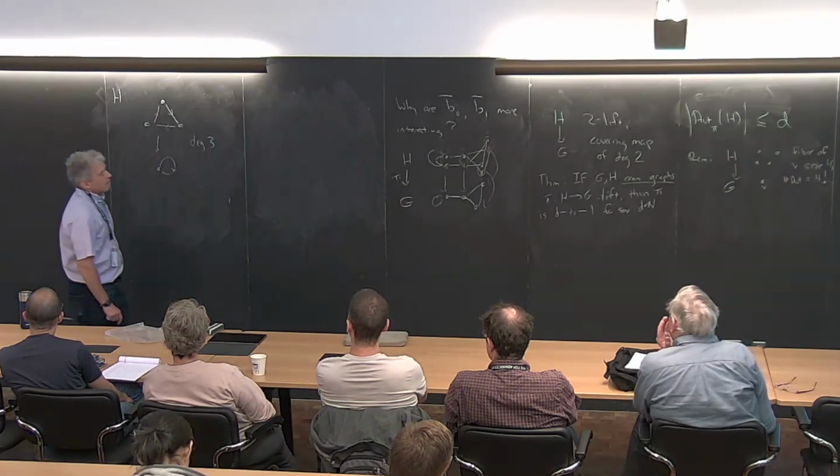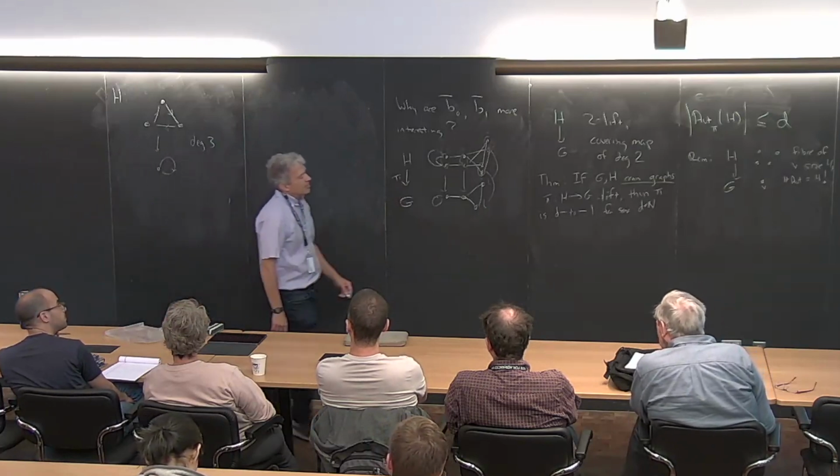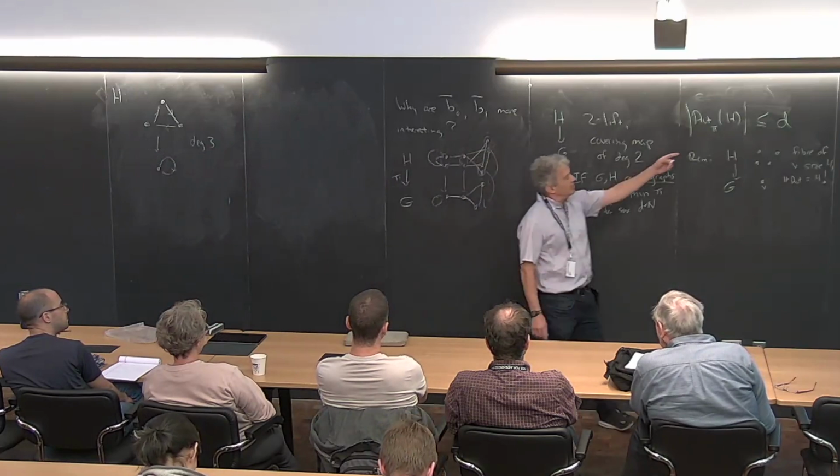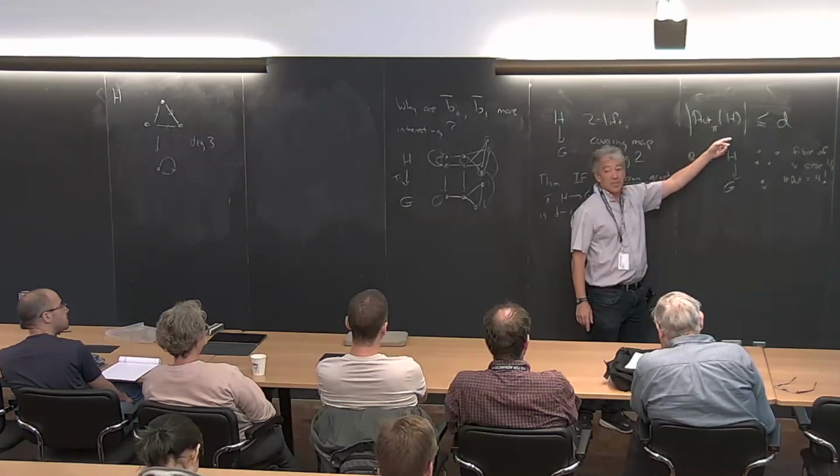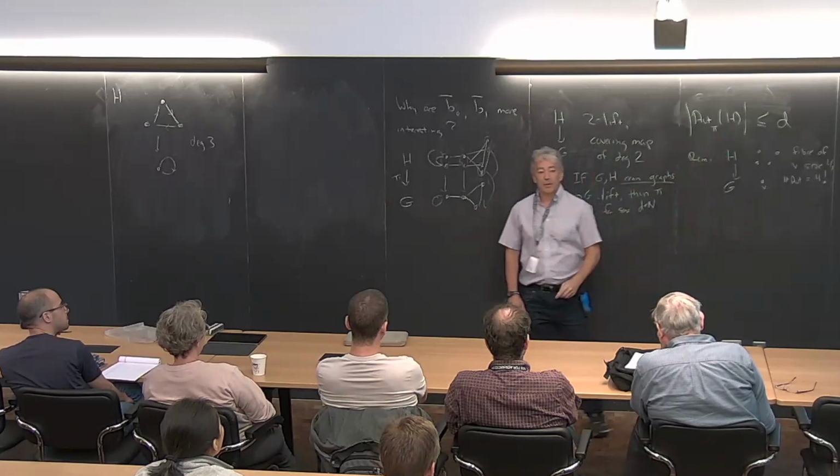If there are exactly D, we say that the map is a Galois cover.